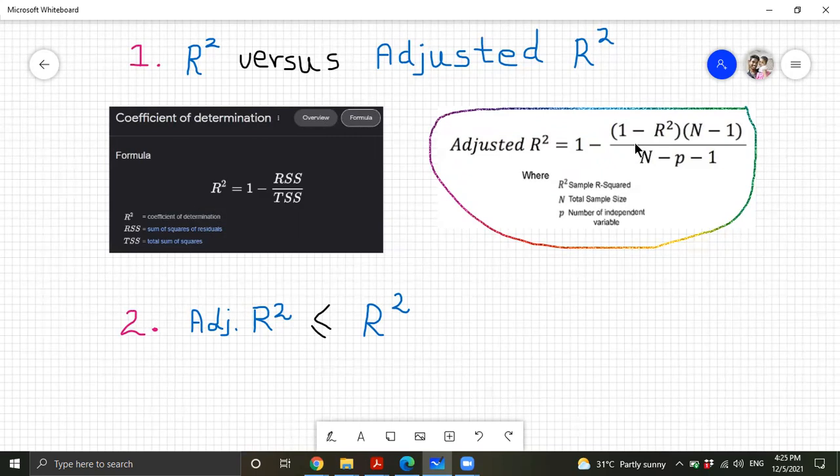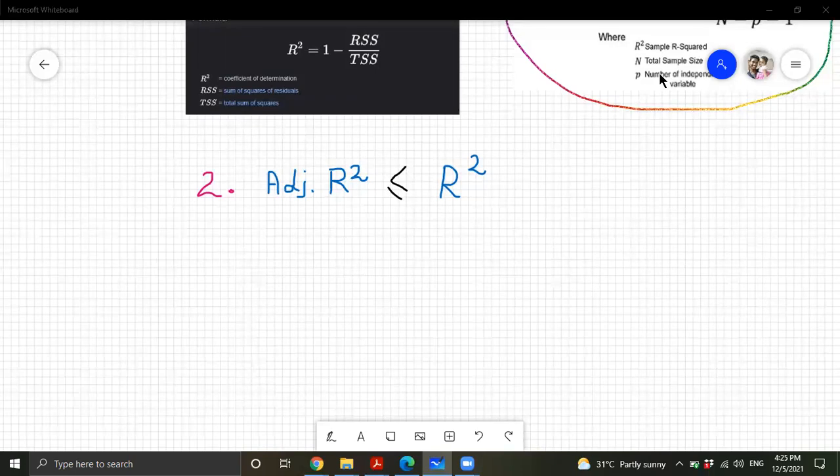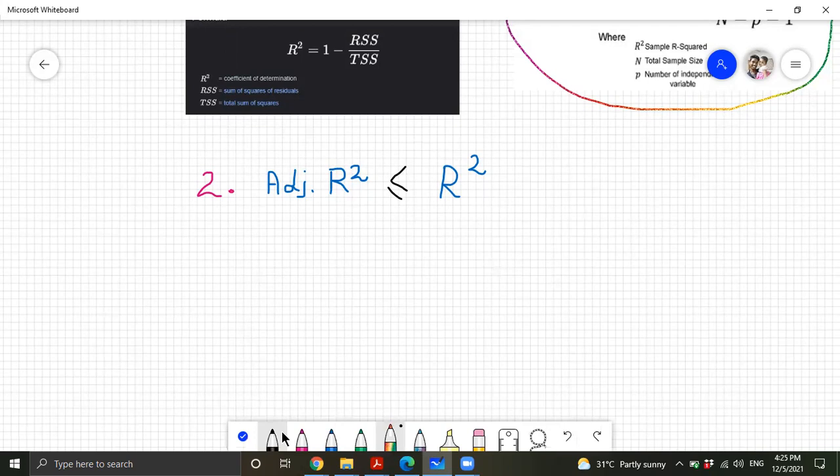So, we get started. First, I write this equation, because from this equation only we are going to prove that. Let me choose a color pen. Okay, so let me write the formula.